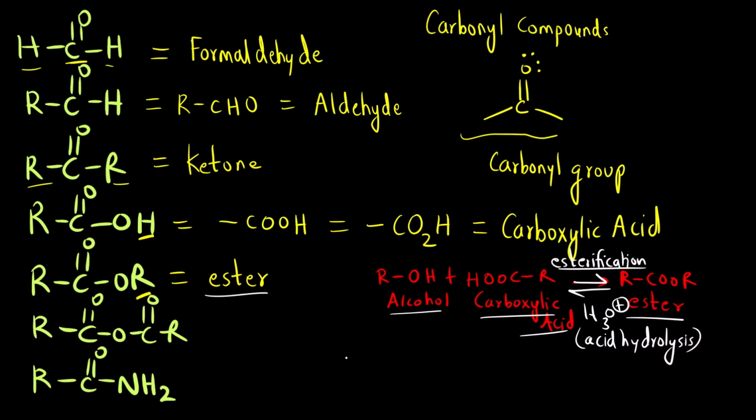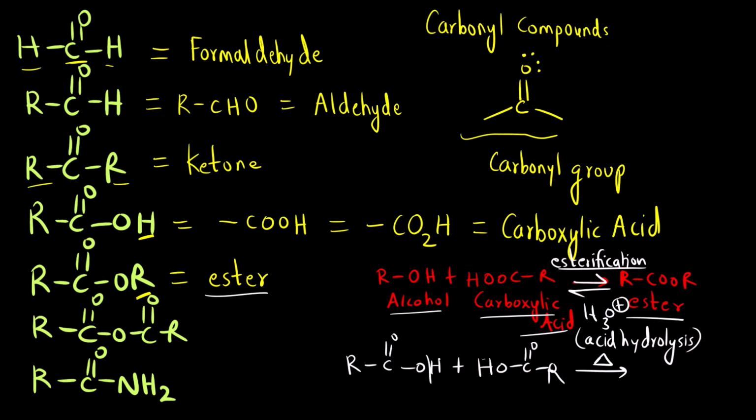Now, next, if I take one carboxylic acid like this, plus another molecule of carboxylic acid, and I heat them, whenever I heat, there will be loss of small molecules like water or HCl.